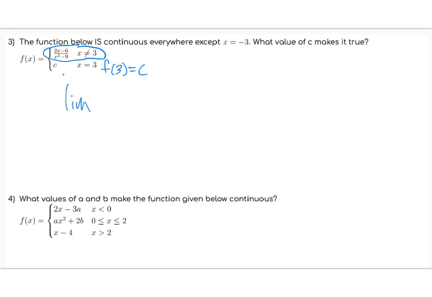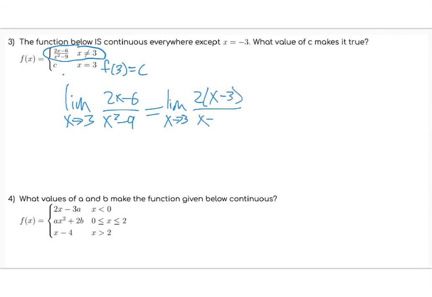Okay, so the limit as x approaches 3 of 2x minus 6 over x squared minus 9. That's going to be the limit as x approaches 3 of 2 times x minus 3 over x minus 3, x plus 3. By the way, I'm doing this because I made a mistake the first time on this problem, and before I started doing the math, I found it to be 0 over 0, which I did not show here.